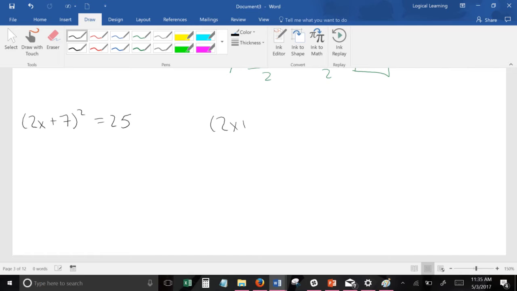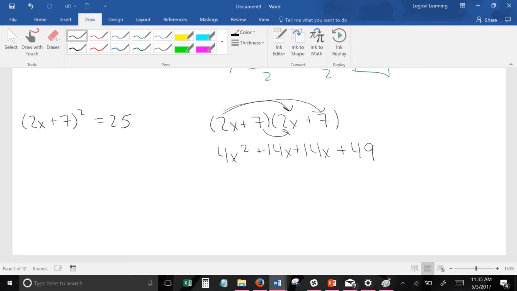FOILing out the (2x + 7) squared, it's (2x + 7) times (2x + 7), we have 4x squared plus 14x plus 14x plus 49, and that'll give us 4x squared plus 28x plus 49. So putting that in over here, we have 4x squared plus 28x plus 49 is equal to 25.